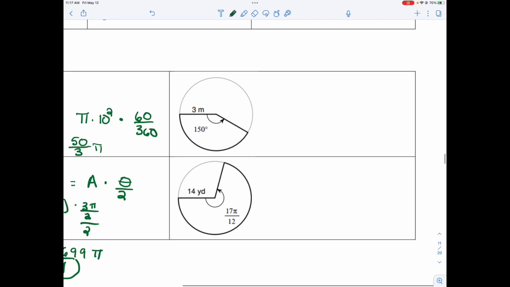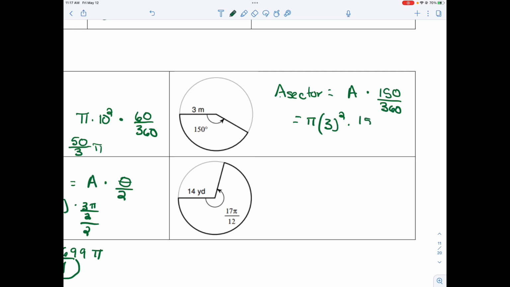Let's do another one quickly. Here we're in degrees again, so the area of the sector is going to equal the area of the circle times, since it's in degrees, 150 over 360. So that would be pi times the radius, 3 squared, times 150 over 360.